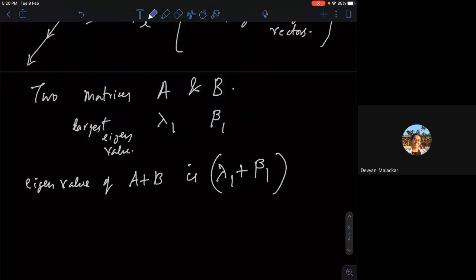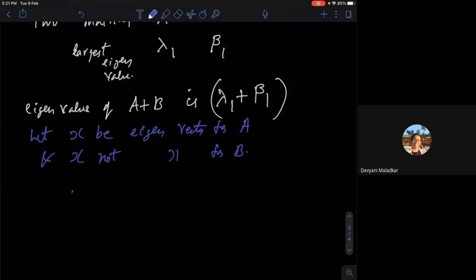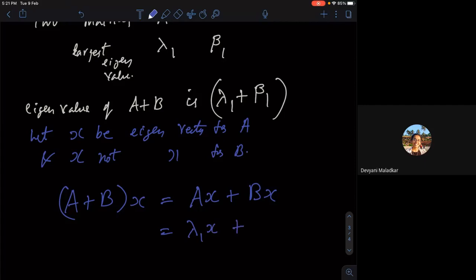So let me explain that. Why? Let me assume that x is the eigenvector for A, and x is not an eigenvector for B. If I take A plus B times x, this is equal to Ax plus Bx, which is equal to lambda 1 x plus Bx.